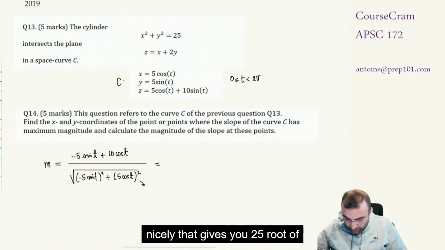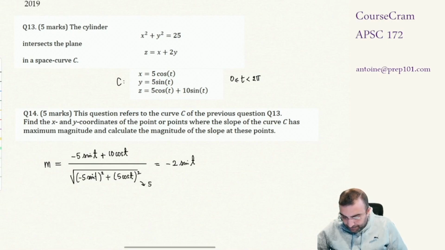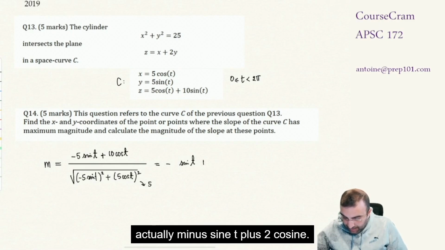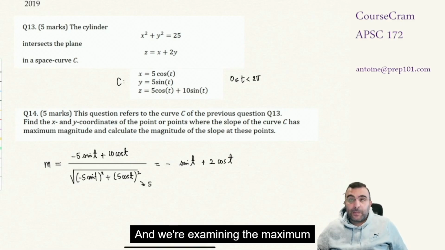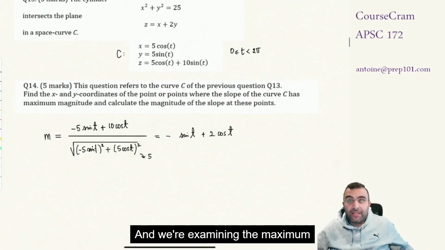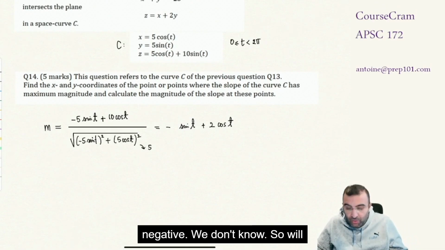That gives you 25. Root of 25 is 5, so this is minus sine t plus 2 cosine t. And we're examining the maximum slope. Again, positive or negative, we don't know.